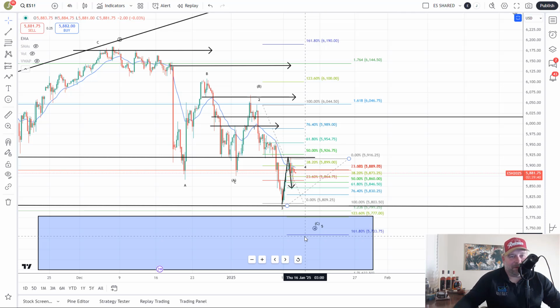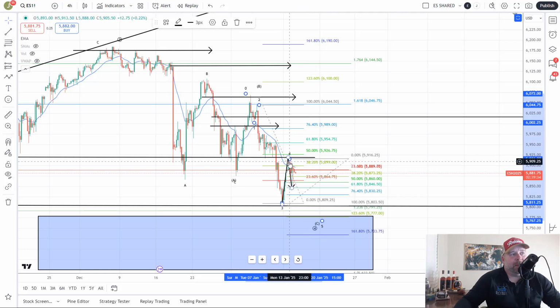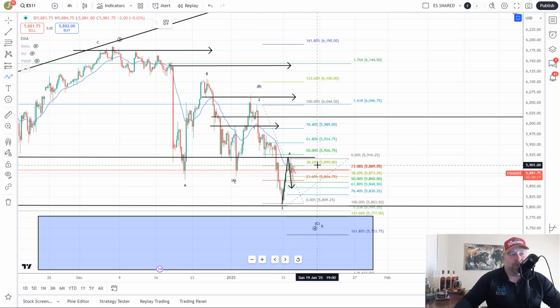So you have a setup in both directions because the bounce wasn't high enough to eliminate the wave 4 possibility, which does need to move up here. You do have a potential C wave in both directions, and that is where the CPI setup comes in. So CPI is likely to move the market some amount of points in one direction or the other.